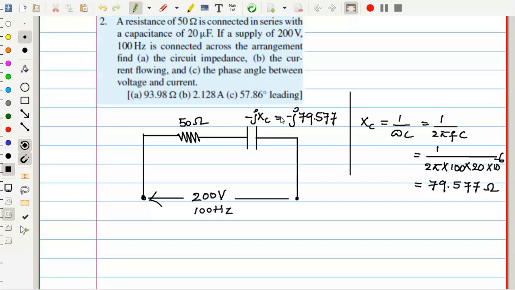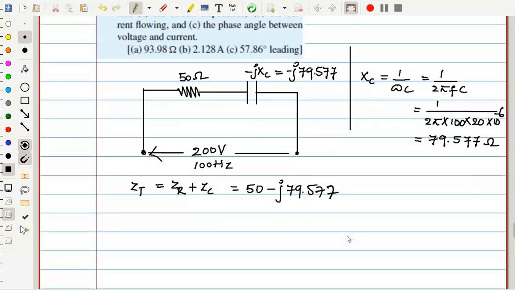Now a simple thing. First question is the circuit impedance. What is the circuit impedance? This is a series circuit. So circuit impedance is resistive impedance plus capacitive impedance. How much is the resistance? 50, plus capacitive impedance is minus j 79.577. What we need exactly is the magnitude, or we need polar form. So can you put this in polar form? 50 minus j 79.577.